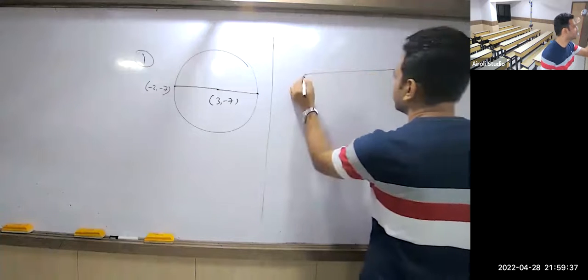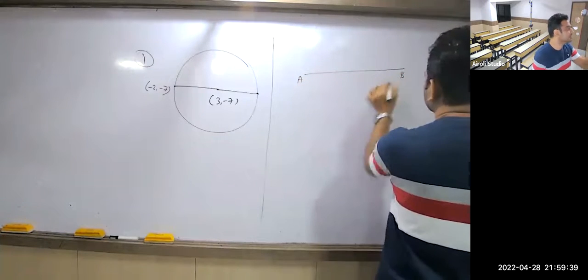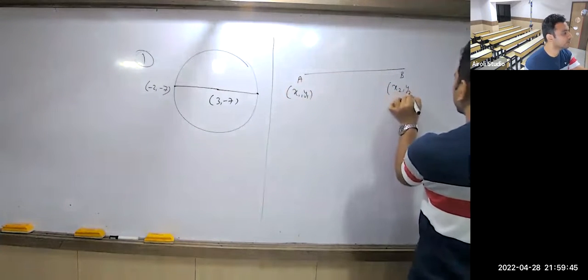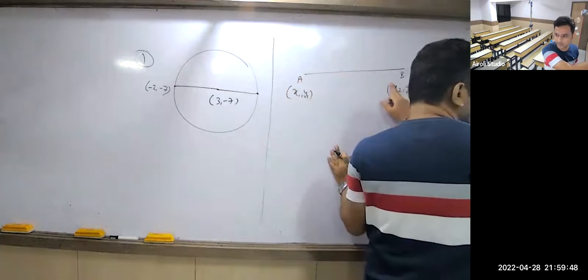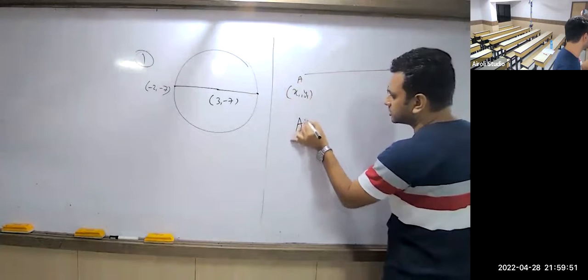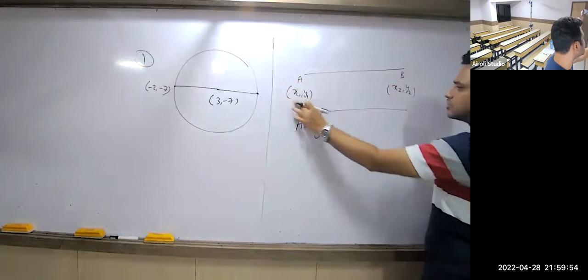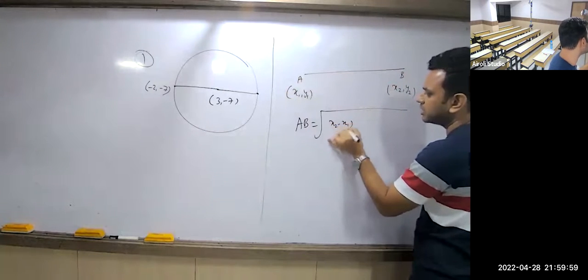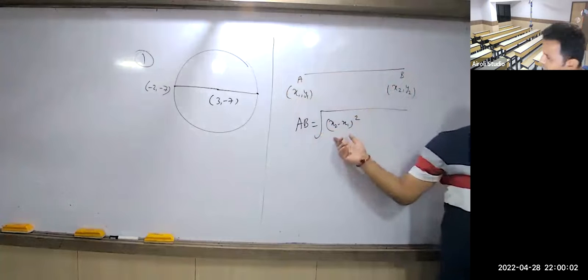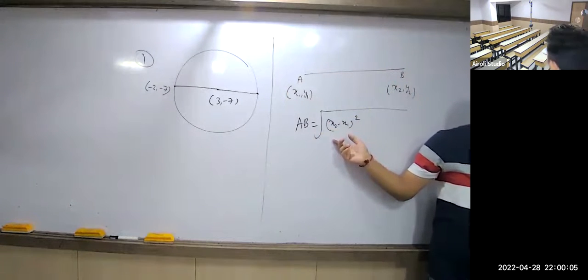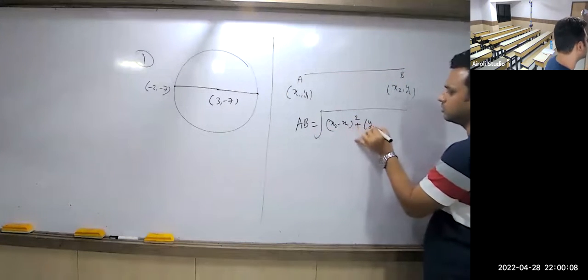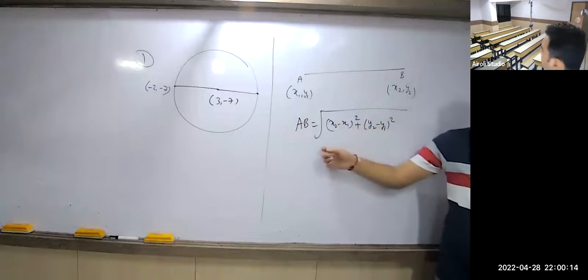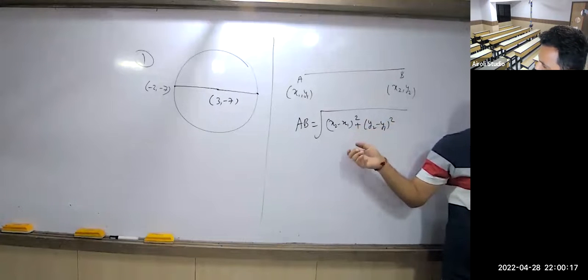Let's say I'm having one line segment AB, where A's coordinate is (x1, y1) and B's coordinate is (x2, y2), and I want to find the distance between A and B. That will be the square root of (x2 minus x1) whole square, or (x1 minus x2) square also, because it is squared, plus (y2 minus y1) whole square. So this will be the length AB.